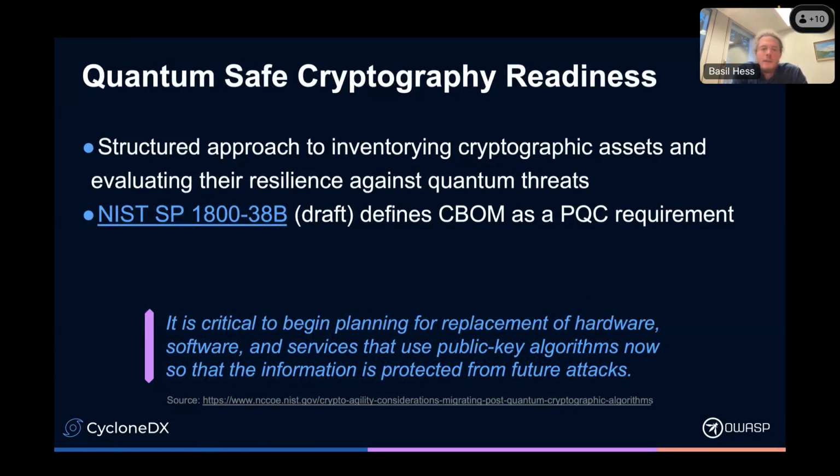And there is a draft of SP 1800-38B that defines that CBOM is actually a requirement for post-quantum migration. So basically, for planning what needs to be updated to quantum-safe cryptography, one needs to define a CBOM. And the NIST SP document actually also links to our effort here at CycloneDX to come up with this CBOM standard.